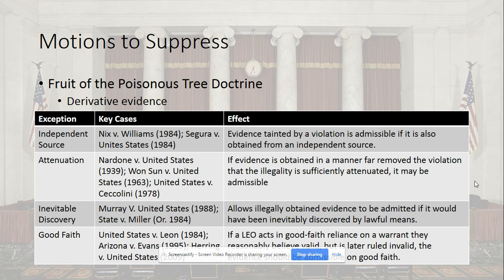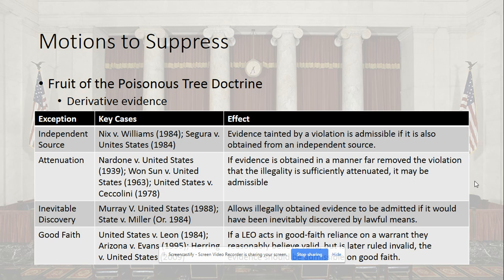Okay, so here we have several exceptions to the fruit of the poisonous tree doctrine. And of course, you can see that the independent source basically says that if I obtain the information from an independent source, then I can use that evidence in court. So taking our instance with the murder investigation, I can't use the gun obtained.